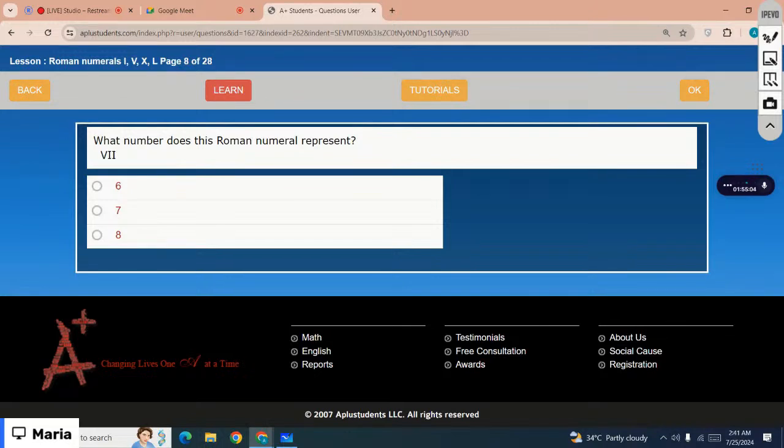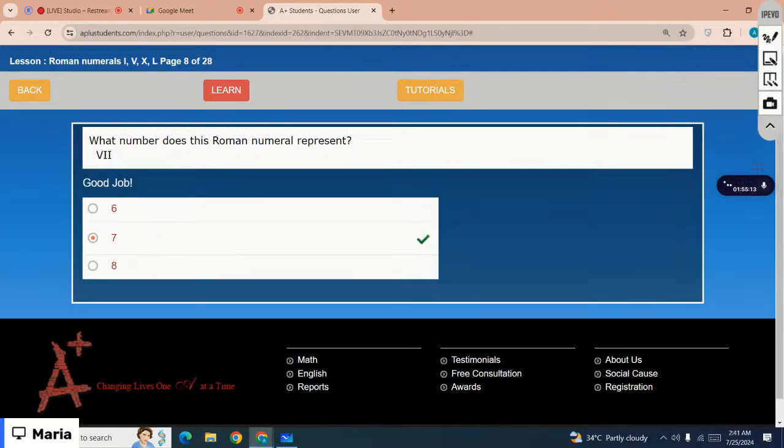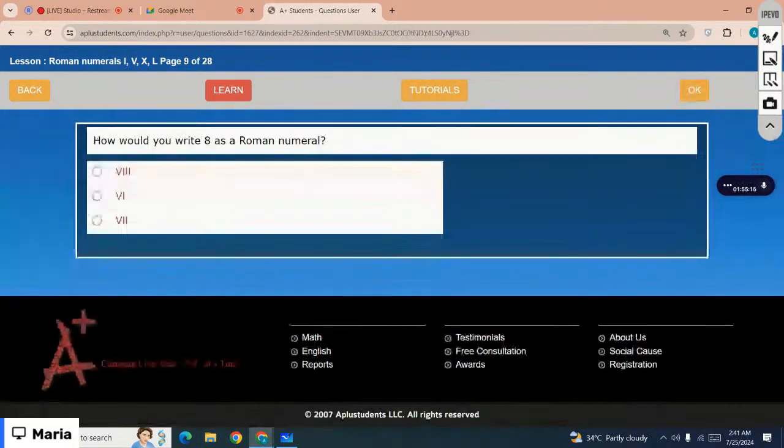The correct option is, no, not 8. You have V, which represents 5, and you have only 2 I's. So you need to add 2, that makes 7. It is not 8. Very good. How would you write 8 as a Roman numeral? So which is the correct option?